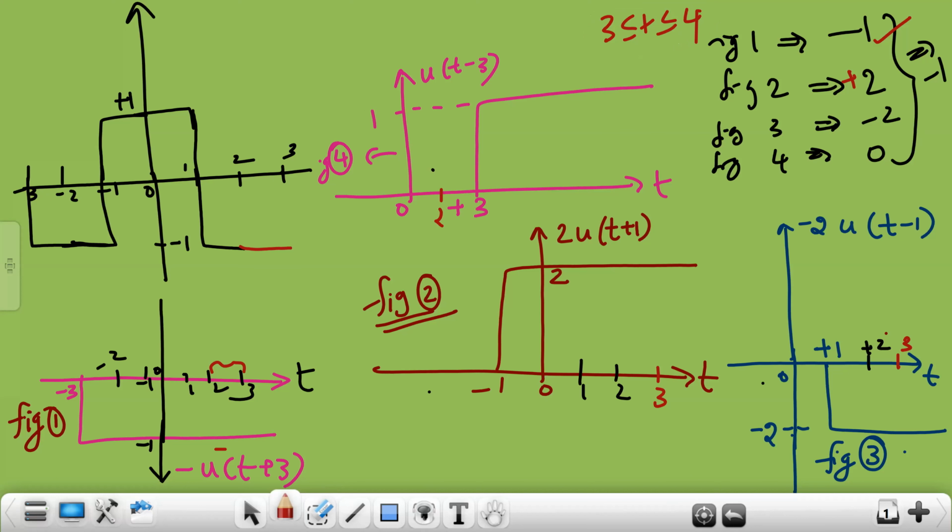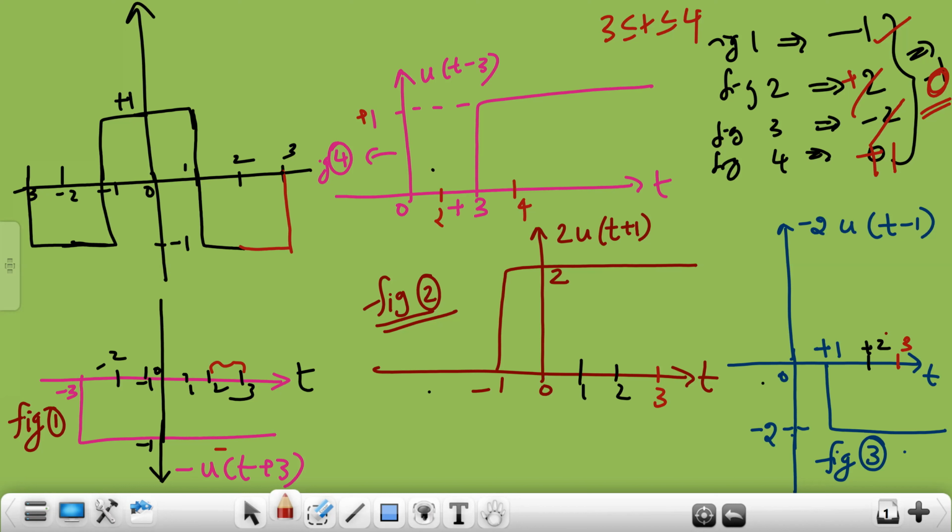Now, starting from 4 to 5, 5 to 6, 6 to 7, any time slot you take, you will get the same answer. Kindly check from 4 to 5. Is there any change in the parameters? The amplitude is same in all the 4 figures, right? Starting from t equal to 4, you can see figure 1 is still at -1. Figure 2, it will be at 2 itself. Figure 3, it will be -2 itself.